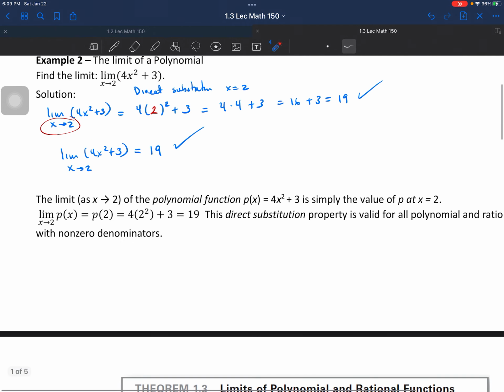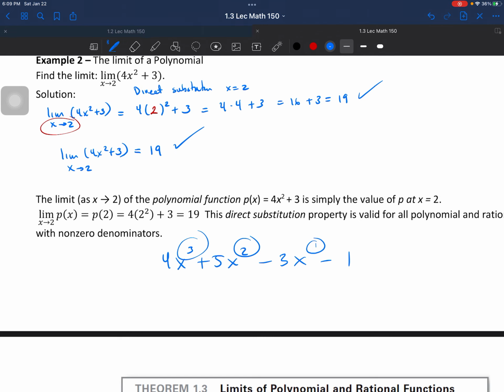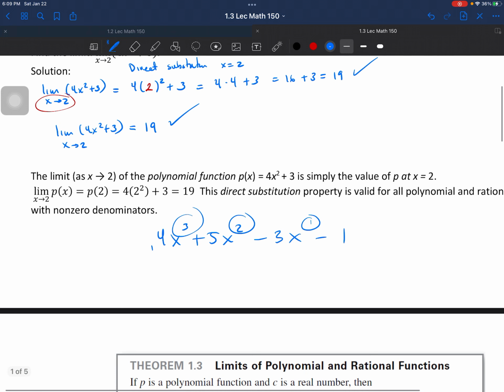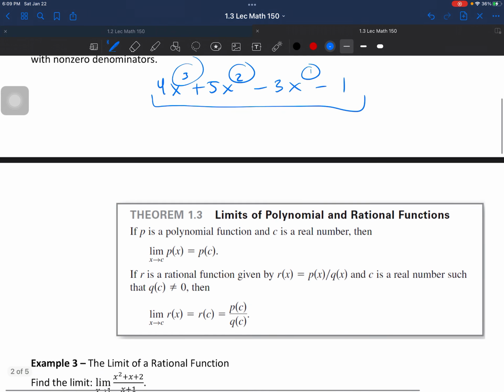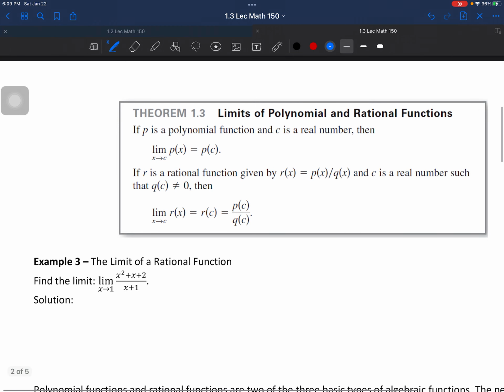A polynomial is any function where you have powers, for example 3x minus 1. As long as those powers of the x's happen to be whole numbers, the whole thing will be a polynomial. If you have a negative number or a fraction as a power, then that's not a polynomial.